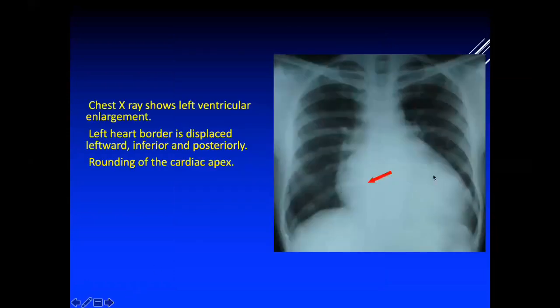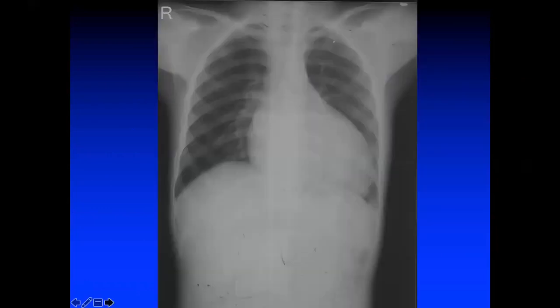So here you can see this is the LV enlargement, and there's a rounding of the cardiac apex. It goes more inferiorly, and the angle you can see with the diaphragm is an obtuse angle. Again, you can see the apex is displaced inferiorly toward the left ventricle, and this angle is more obtuse.